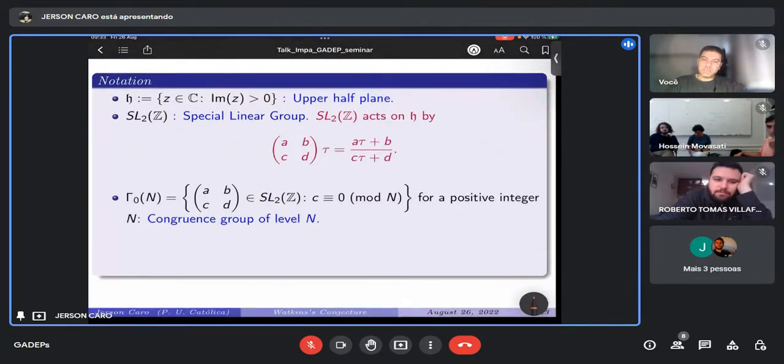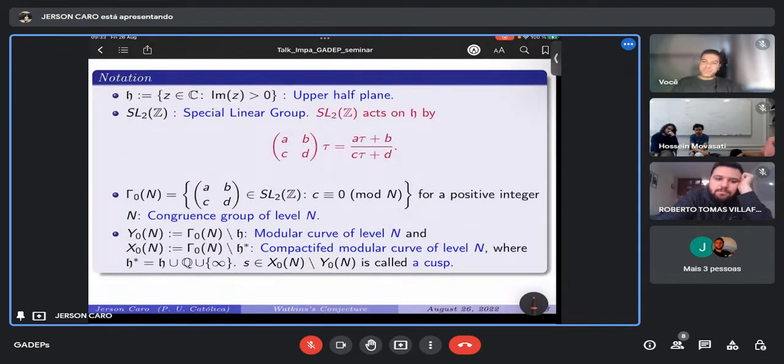Also, we define a very important group, called the congruence group of level n. We fix a positive integer n, and it is the subgroup of SL2(Z) where the c component is congruent to 0 modulo n.